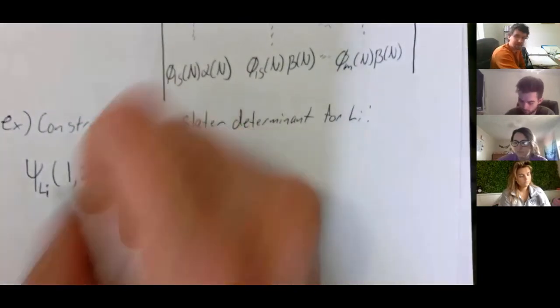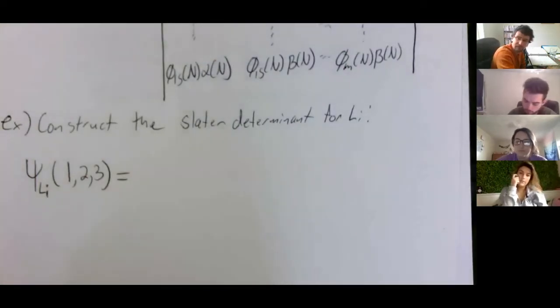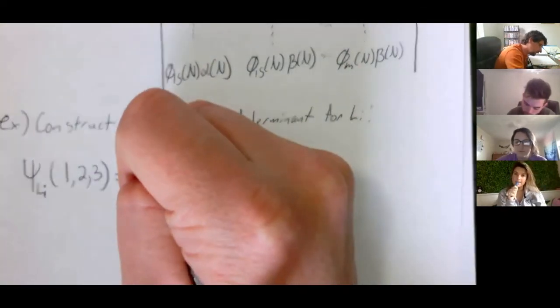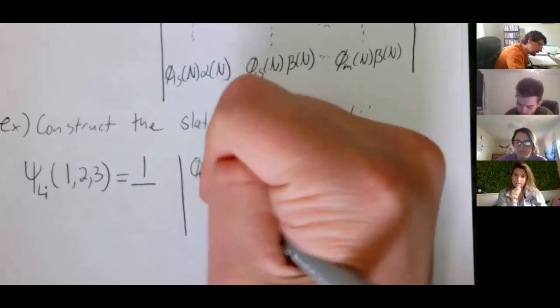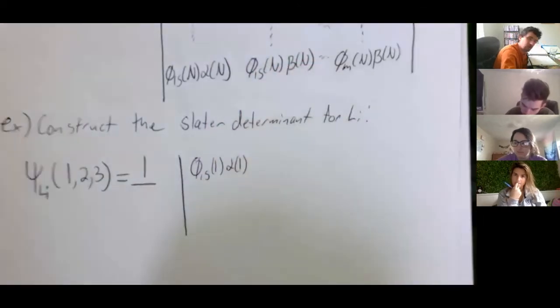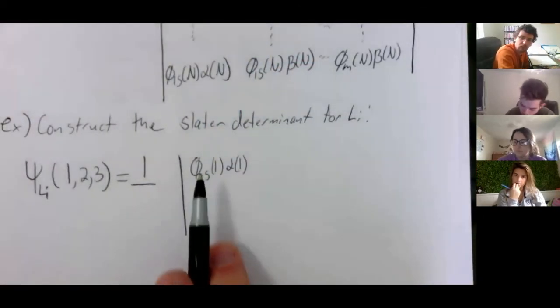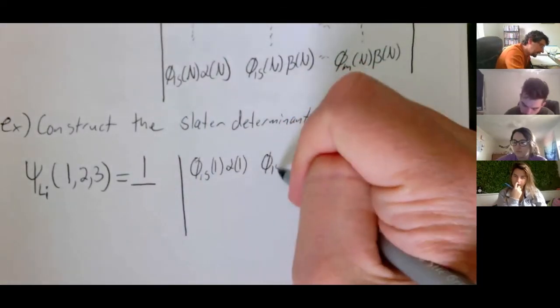Tell me what comes next. 1s, 1, alpha 1. Yep, so 1s, 1, alpha 1. And then beta as well in there. Okay, yep, so you want beta here.